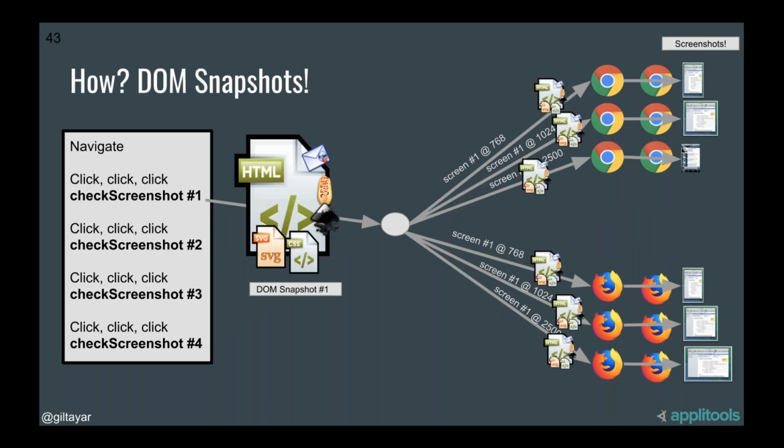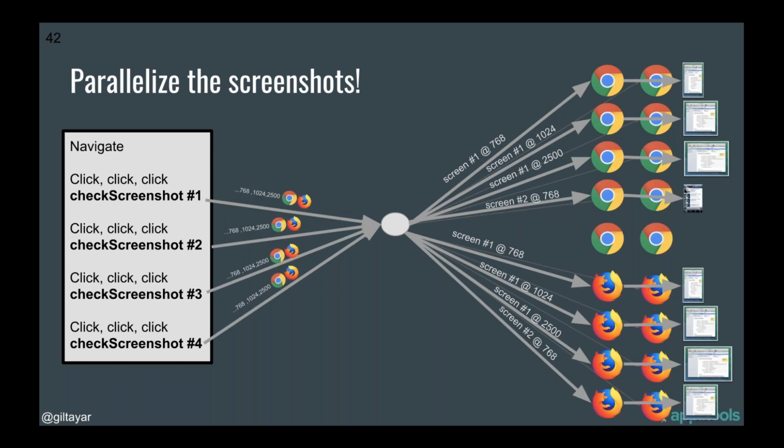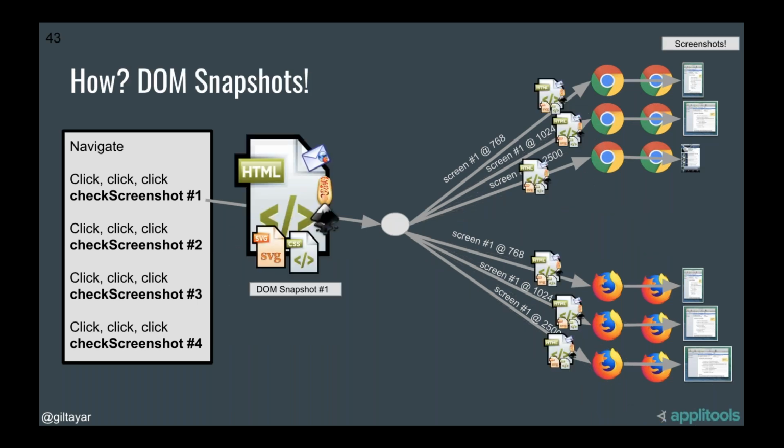But how do we do that? How can we take one screenshot, which is a bitmap, and run it on different browsers? That's impossible. But what if we take something else, and we call it the DOM snapshot? What if we take the HTML of the page when you do an eyes check window? When you want that screenshot, we take the HTML as it is at that specific time.